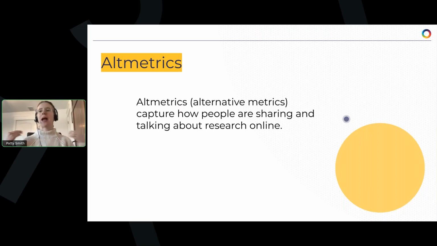We're capturing how people are sharing and talking about research online. So at Altmetric, the company, we're tracking conversations about research in all these different places online, places like social media outlets, mass media, blogs, etc. And I'll talk more about what we're tracking in just a little bit, because we've added some new things to our tracking. That'll be some fun highlights to cover in just a couple of slides.